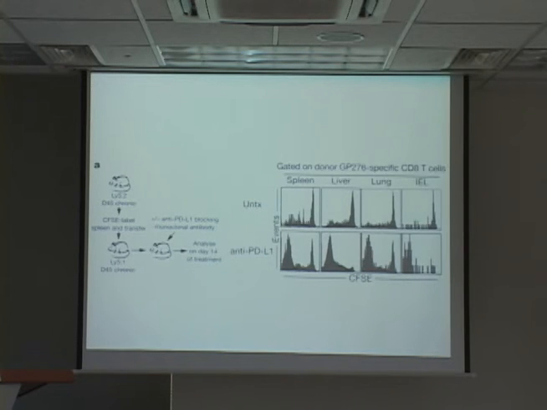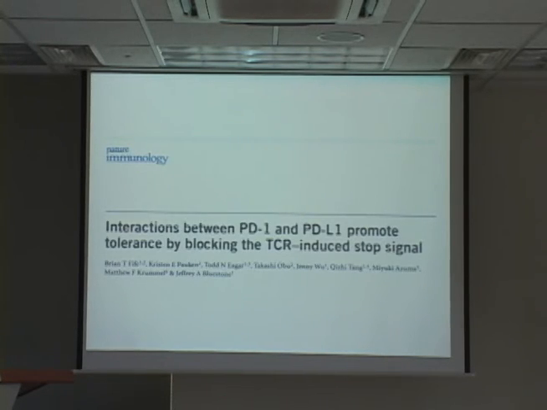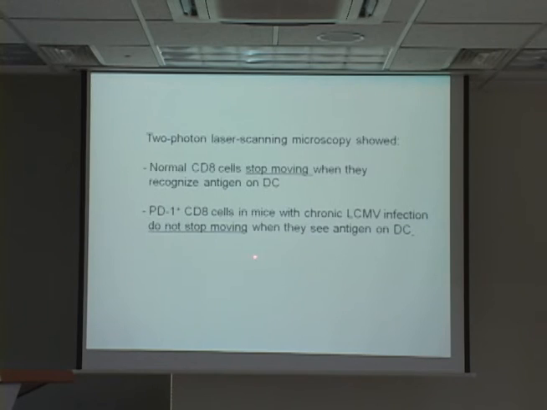So I just want to finish off by talking about the issue, well, how does PD-1 function? Is it really an inhibitory molecule? Does it block cell signaling? And I just want to leave you with this interesting paper of Jeff Bluestone, published last year, where they found on the basis of two-photon microscopy that PD-1 acts in a very, very unusual fashion.